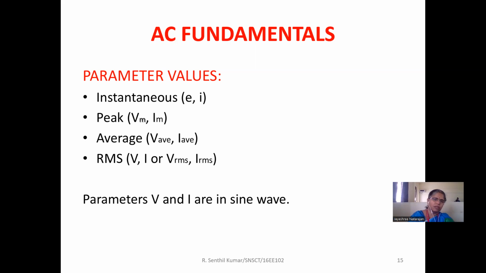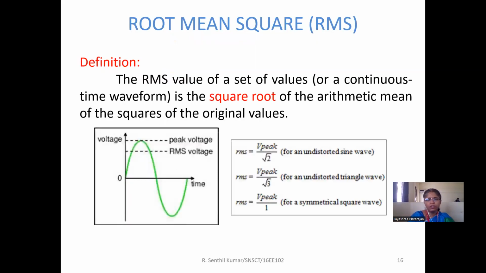If we take a sinusoidal waveform, the voltage is changing. See in this graph, the voltage starts from zero, attains maximum, comes to zero, attains negative maximum, and again comes to zero. Every second, it does this 50 times.